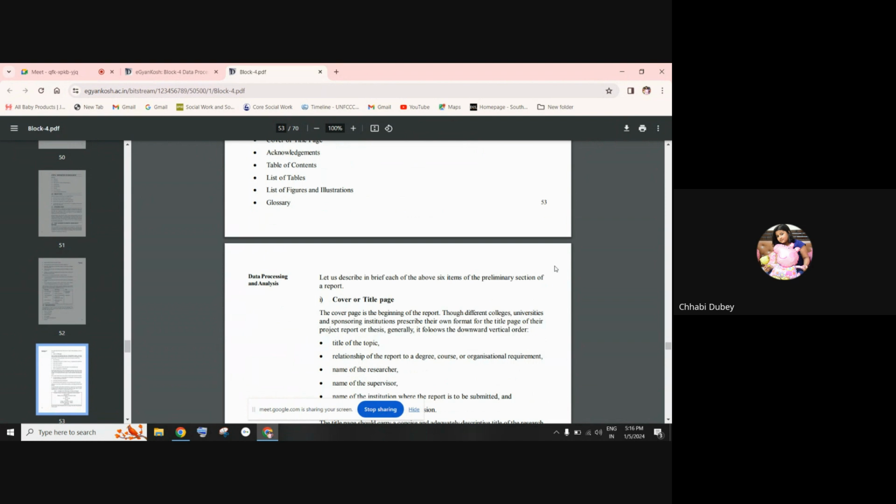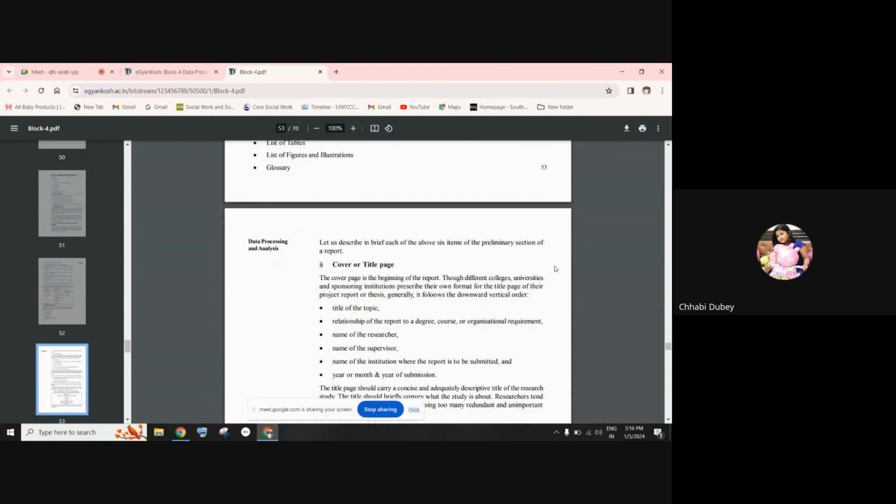Now, different universities and colleges may have their own format for how to present the title page. But generally, you will have the title of the topic. You will have the relationship of the report to a degree, course, or organizational requirement, whether in pursuance of a PhD degree or fulfillment of an MA degree or MSW degree, depending upon that.